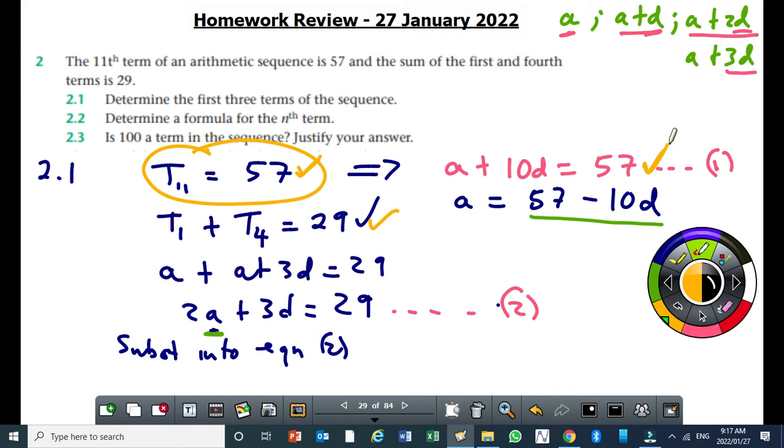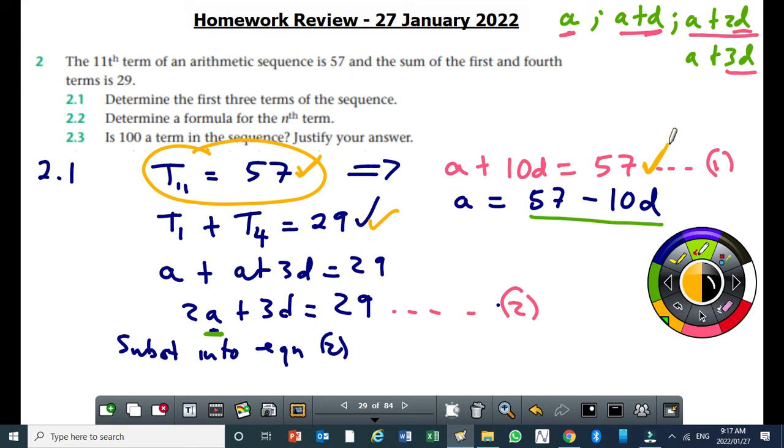Remember what I told you, I think yesterday or the day before. The number of terms in a sequence is one more than the number of D's in that sequence. So here, the first term is A. N is 1. Do you have any D there? D is 0.